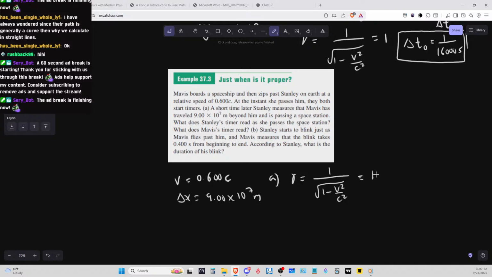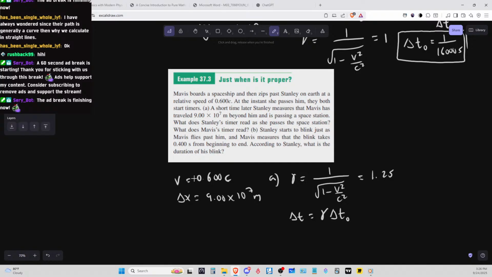That gives us 1.25. And then we also have the time, gamma, and the proper time. So that we have in mind.